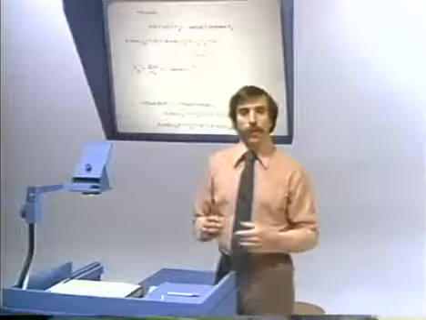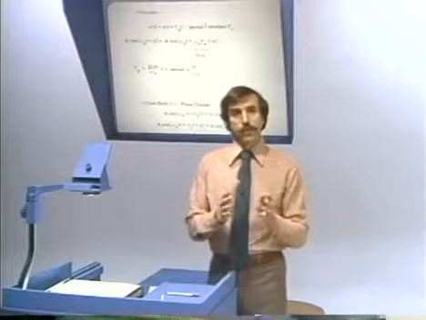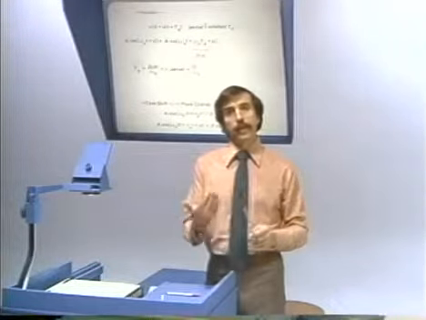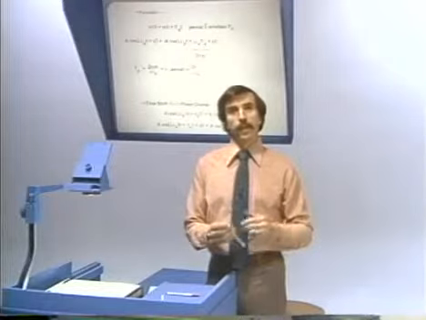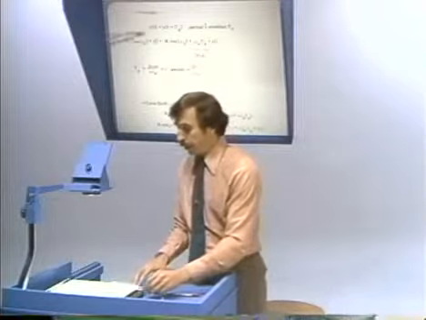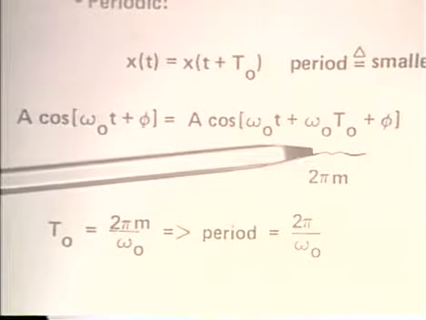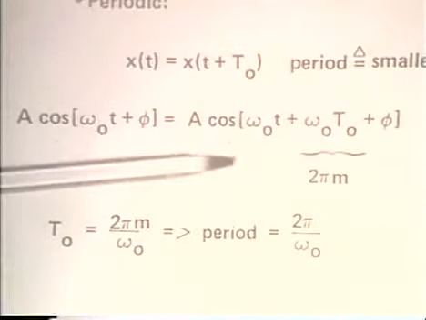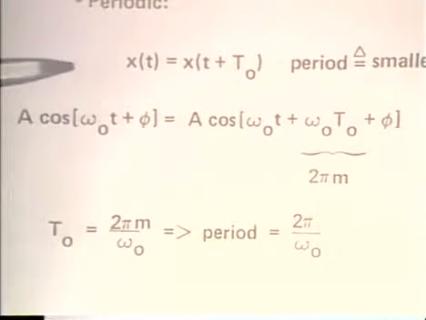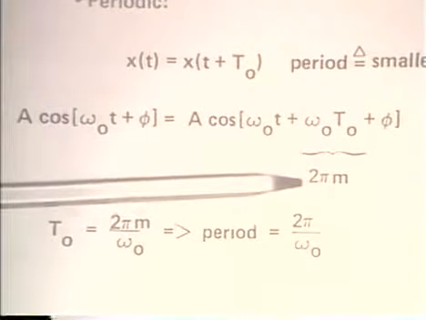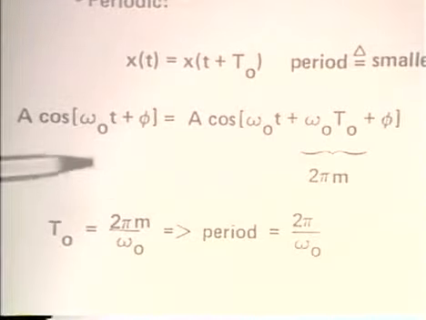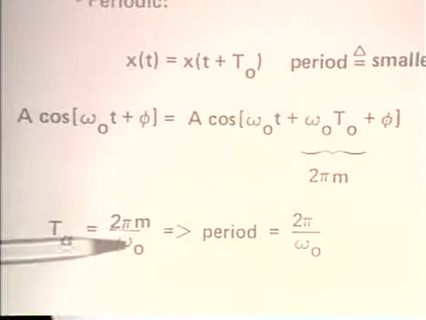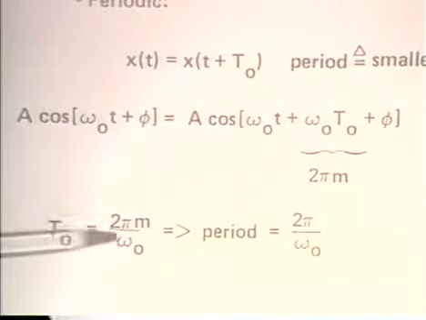Now, one of the things that we know about sinusoidal functions is that if you change the argument by any integer multiple of 2 pi, then the function has the same value. And so we can exploit that here: with omega 0 t0 an integer multiple of 2 pi, the right-hand side of this equation is equal to the left-hand side of the equation. So with omega 0 t0 equal to 2 pi times an integer, or t0 equal to 2 pi times an integer divided by omega 0, the signal repeats.